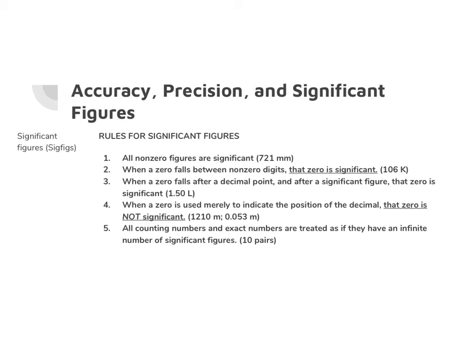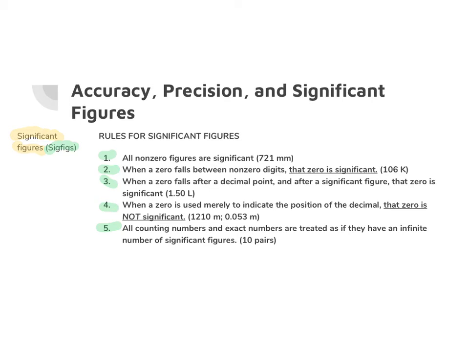And so we like to use what we call significant figures, often abbreviated as sig figs, but that just means significant figures. So here are our rules. We will abide by them at all times for significant figures. There are 5 cardinal rules to abide by.